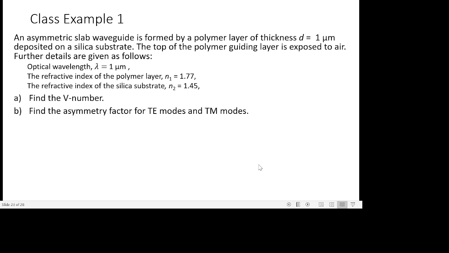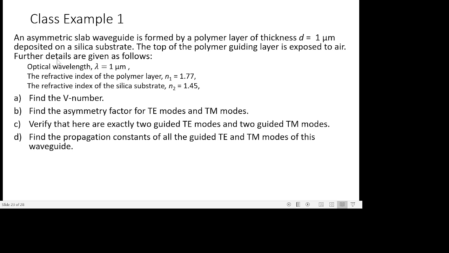So let's take a look at this example. In this example, the waveguide parameters are given, and the wavelength is 1 micron, and the thickness of the waveguide is 1 micron. So we are going to find the b numbers. The second part of the question is to find the asymmetry factor for TM modes and TE modes.